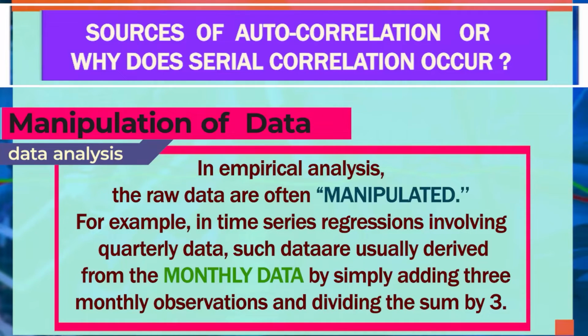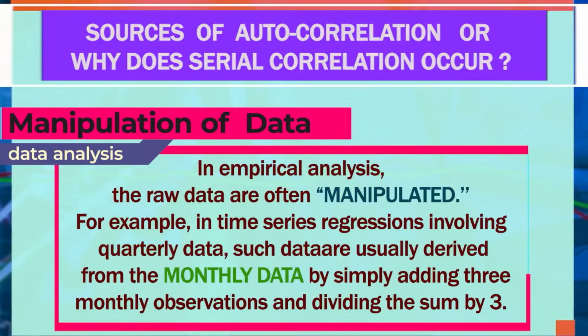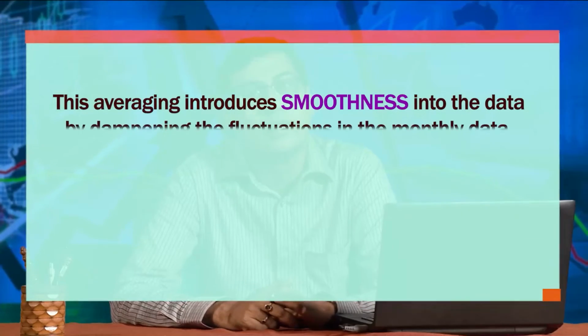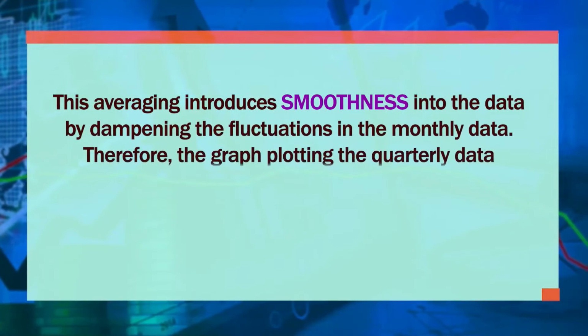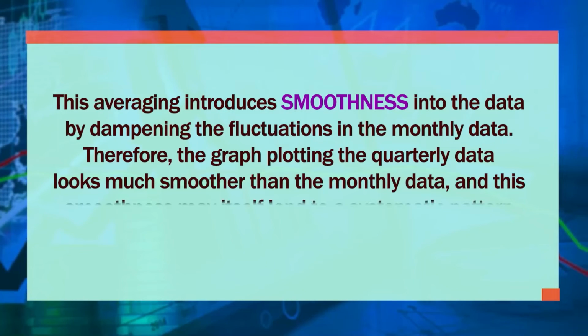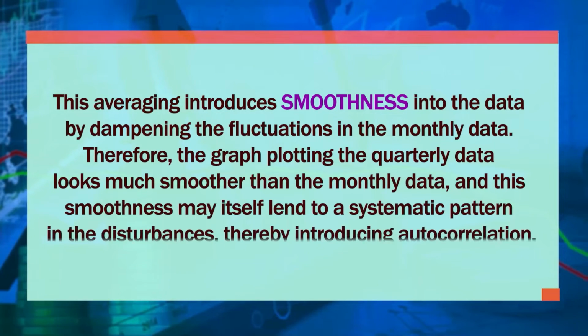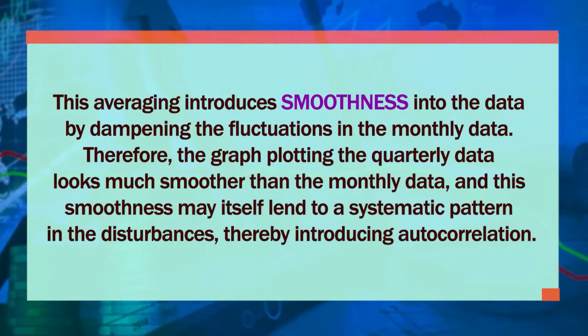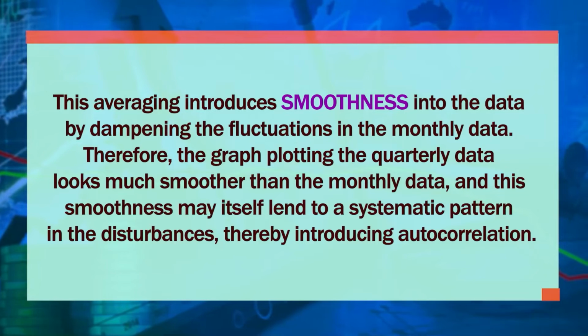It might control the level of fluctuations, but on the other hand, the error terms might become correlated with each other when such a mechanism is adopted. So it is said that a graph plotting quarterly data looks smoother than monthly data. If we are not interested in the monthly data because it is showing a pattern and we want a smooth trend, we may convert monthly to quarterly data.